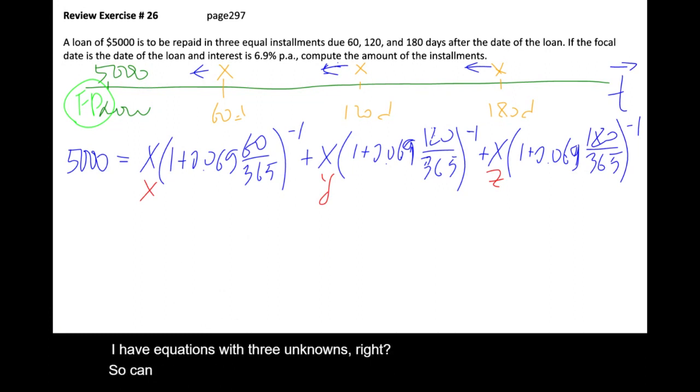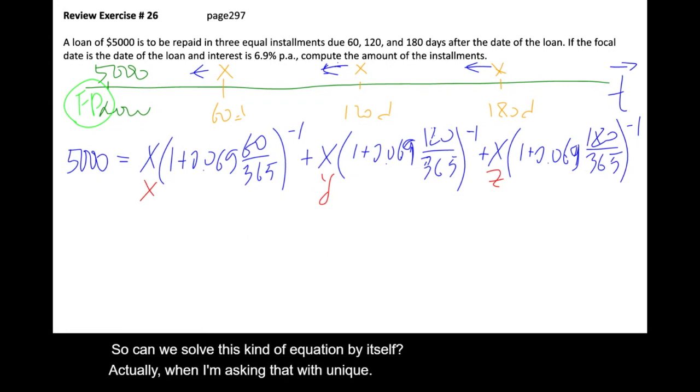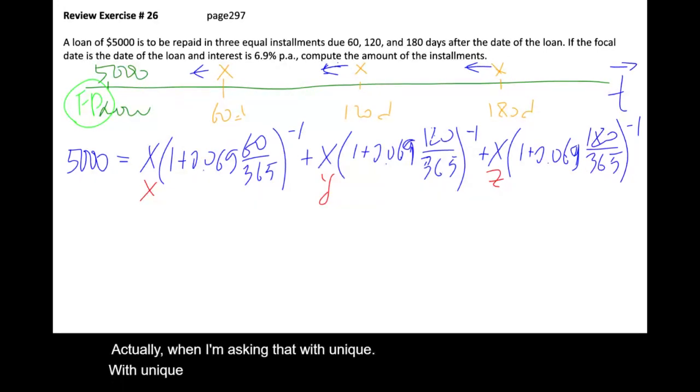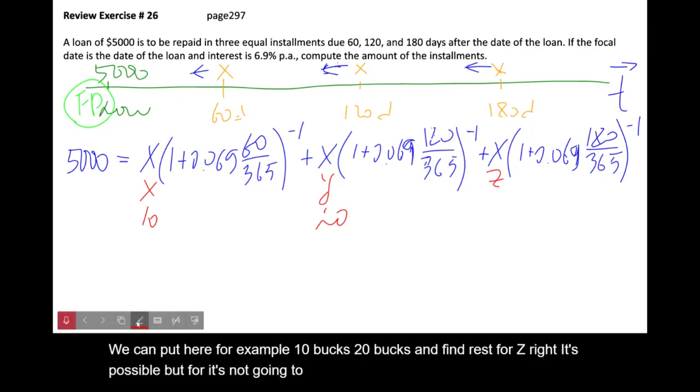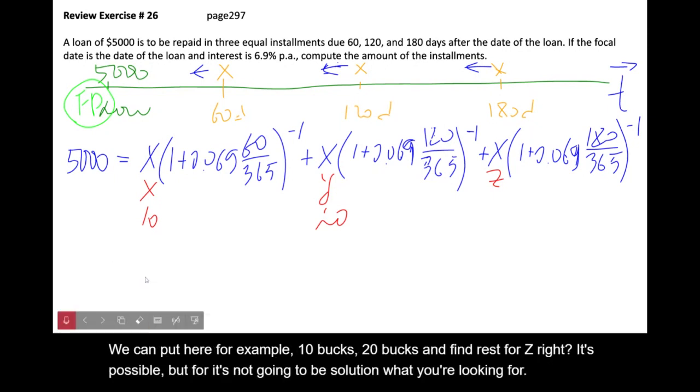So can we solve this kind of equation by itself? Well, actually, when I'm asking that, with a unique solution, we can put here, for example, $10, $20, and find the rest for z, right? It's possible, but it's not going to be the solution we're looking for.